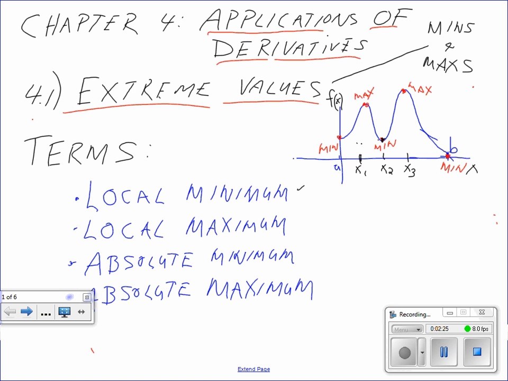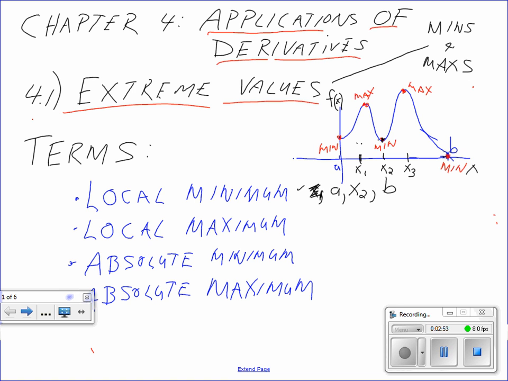So our local minimums are at x equal to A, at x equal to x2. In that neighborhood of x2, x2 is the minimum, and we have another minimum over here at B. All what we refer to as local minimums.